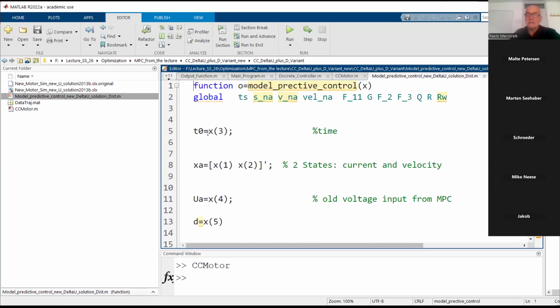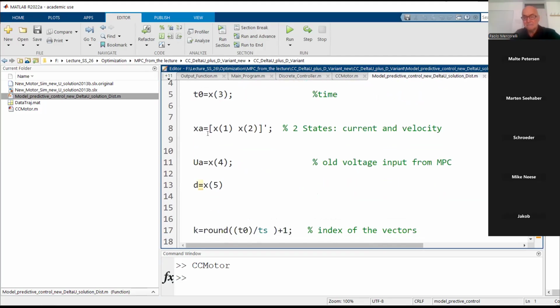Again, T0 is our time. This is the state, current, and velocity. This is the old solution.